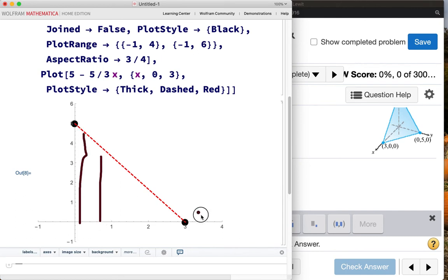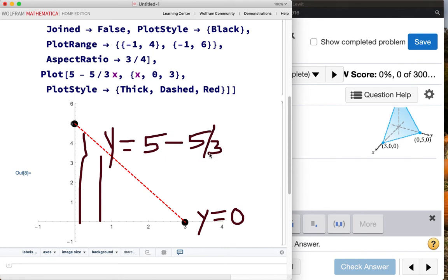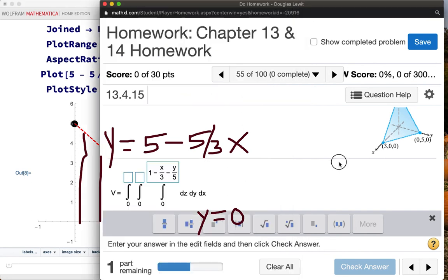This is the line y equals 0, which is really the equation of the x-axis, and this is the line y equals 5 minus 5/3 x. So these are the lower and upper limits of y. This is the lower limit, this is the upper limit, and you should be able to see that.